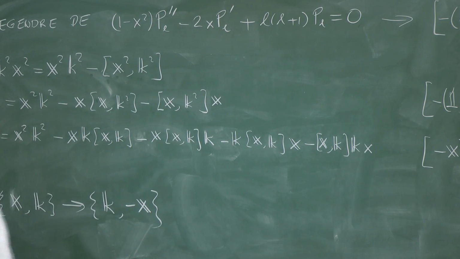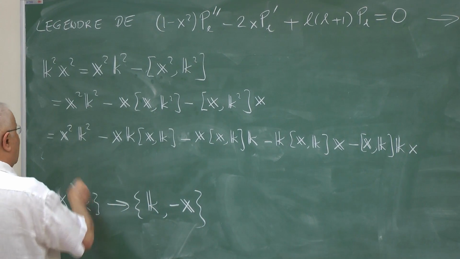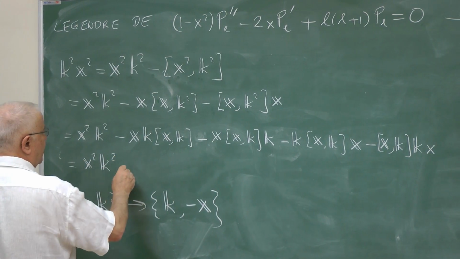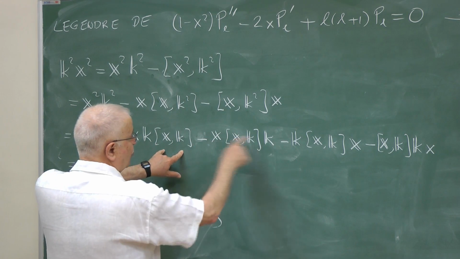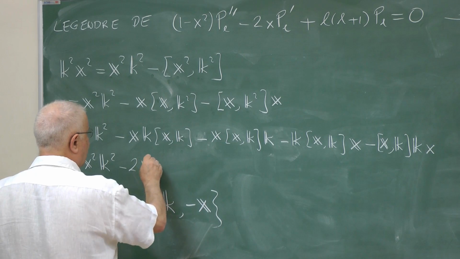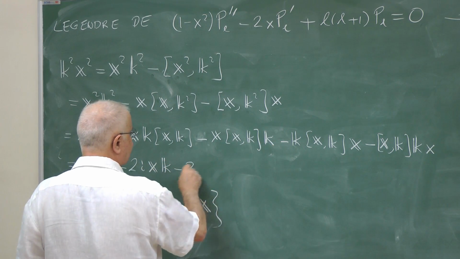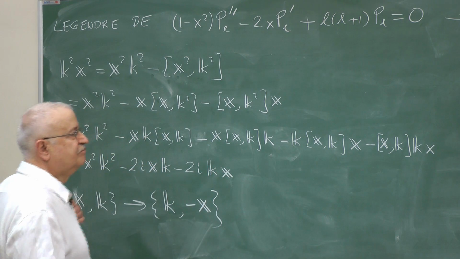Well, this simplifies because the x, k commutator in all these cases is simply minus I. So this is x square k square minus this and that are both x k. This is just minus 2i xk, and here minus 2i kx.